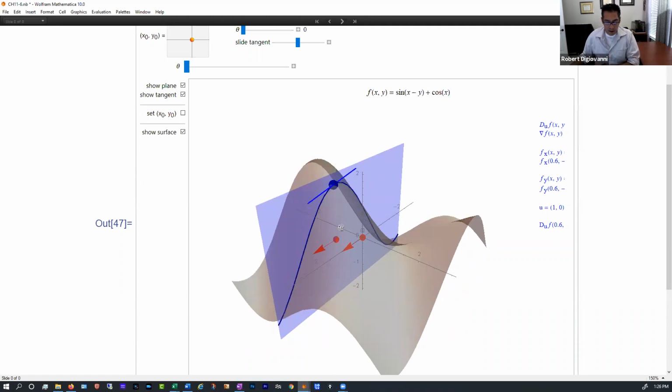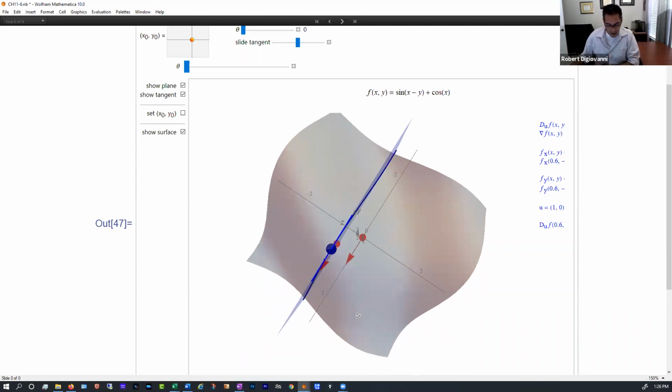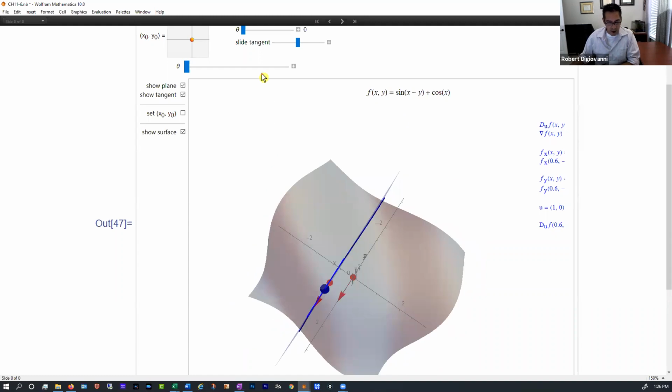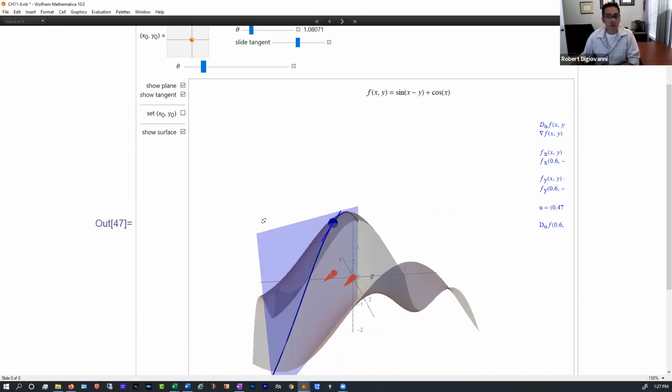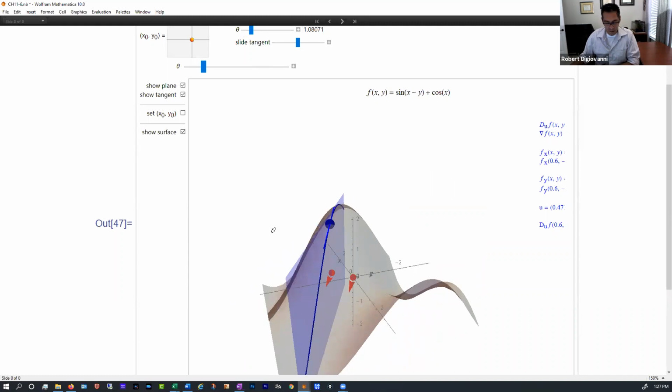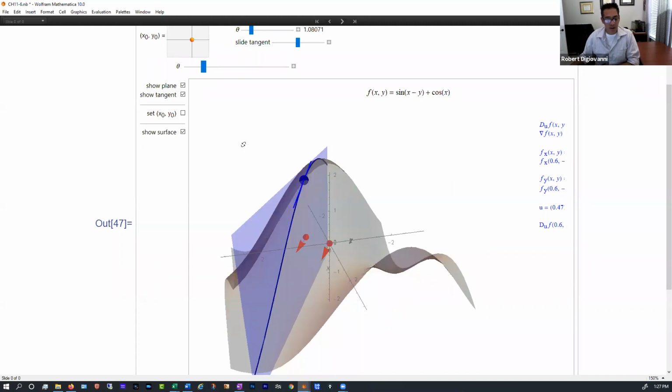Now, instead of pointing in that direction, let's start turning in some other direction, anywhere we want. So I'll turn in that direction right there, and let me flip it back up. Now do you see we have a different curve, right? That's not the same curve we just had. And so the slope of the tangent line should be different.